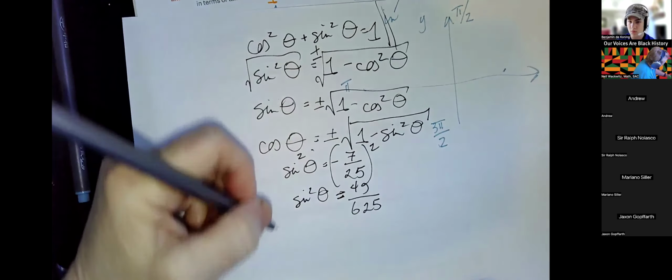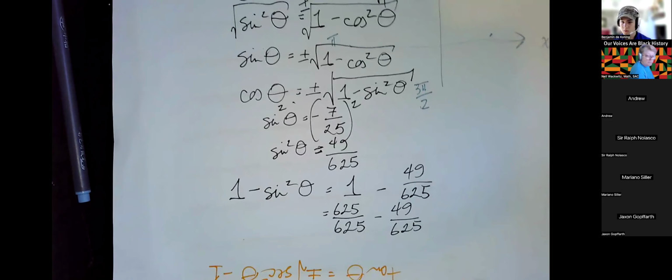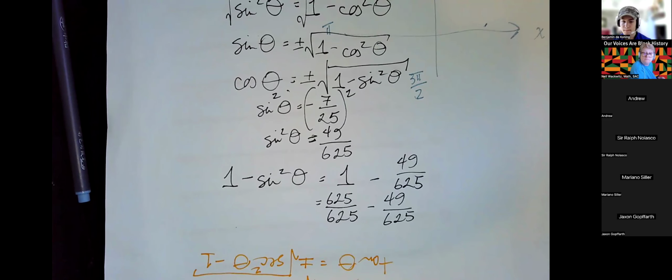And how do I simplify the right-hand side there? Turn 1 into 625/625. Beautiful. Everything in math is beautiful. Okay, and now what? Now we can just subtract 49 from 625. Let's see. Oh, I love it when we get to borrow.